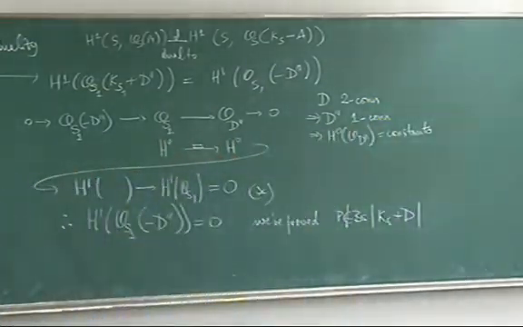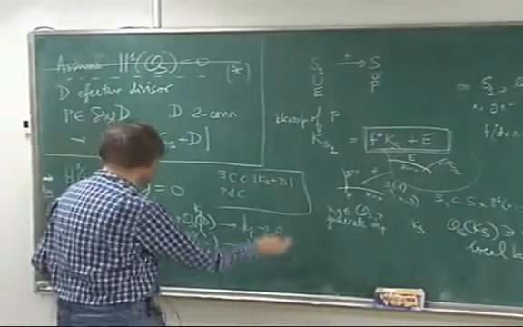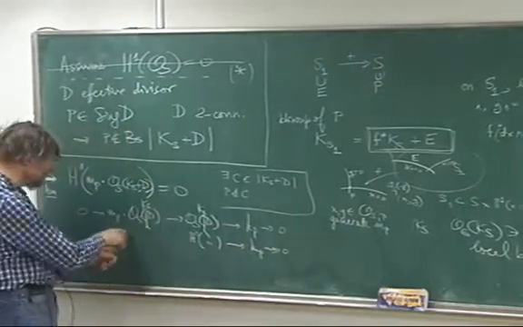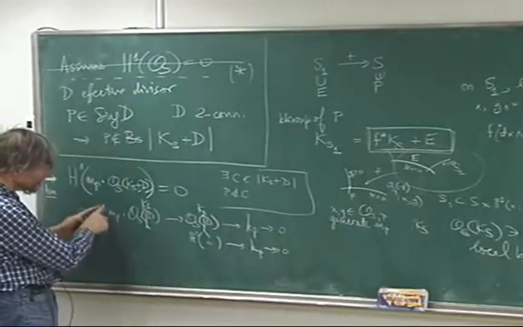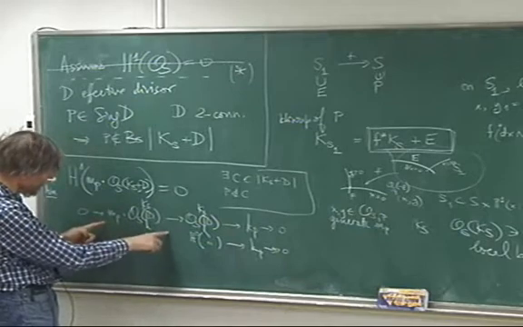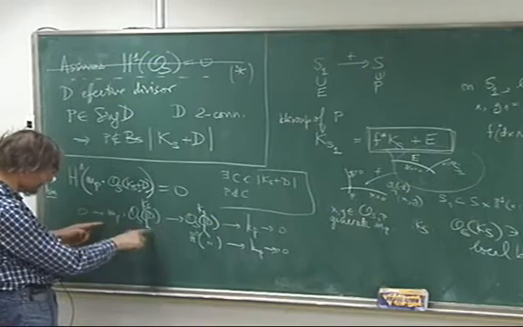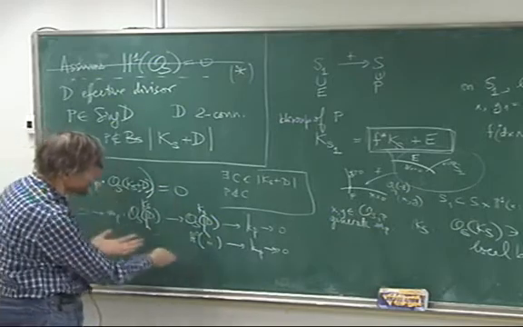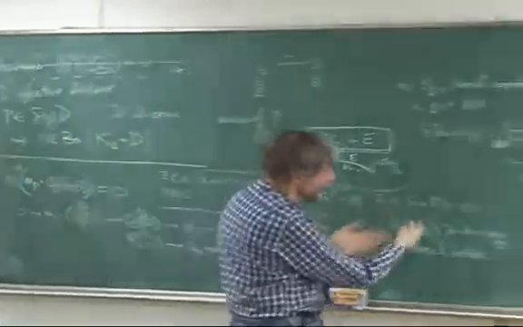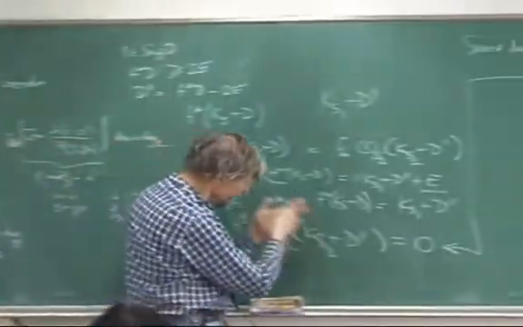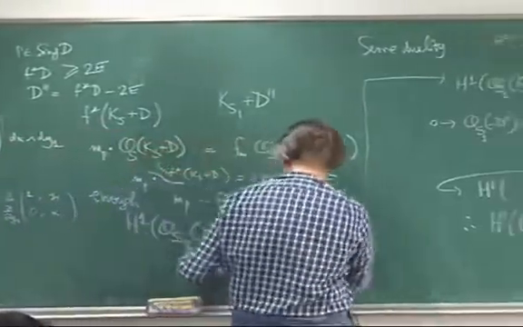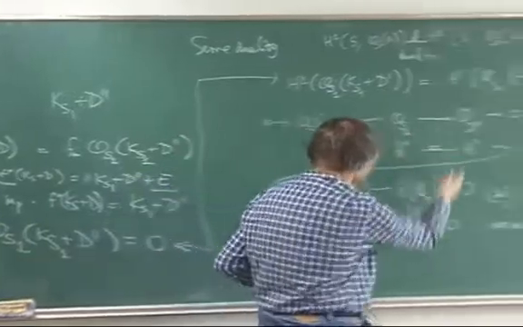Okay, so it's one of these arguments where there are three or four steps. So you have to think, well, I'm trying to kill this H1 here of a sheaf which is not locally free. This is not a line bundle, and so let's blow it up to make it a line bundle. And then you have to think at some point we're going to use Serre duality to transform this H1 into another H1.